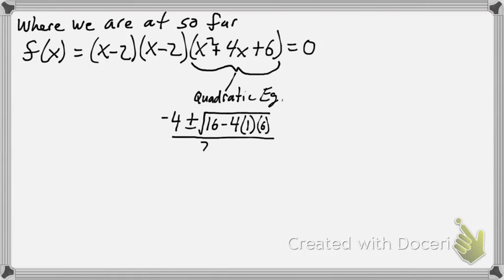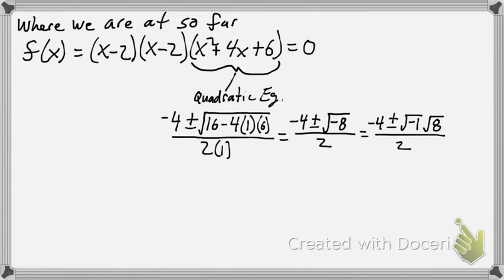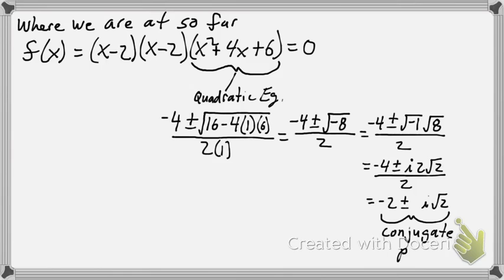Let's try to factor this and see if there's any quantities of x that will render this portion of the polynomial 0. Be careful how you use the quadratic formula and you simplify.